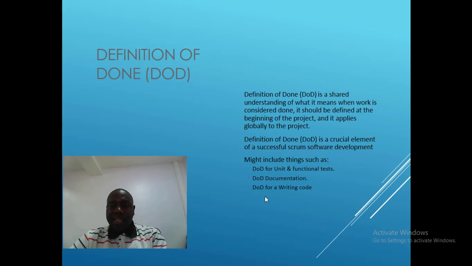All right. Definition of done. It is a shared understanding of what it means when work is considered done. It should be defined at the beginning of the project, and it applies globally to the project. So definition of done is a crucial element of successful Scrum software or project development.